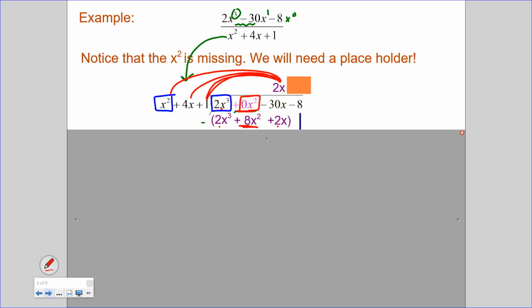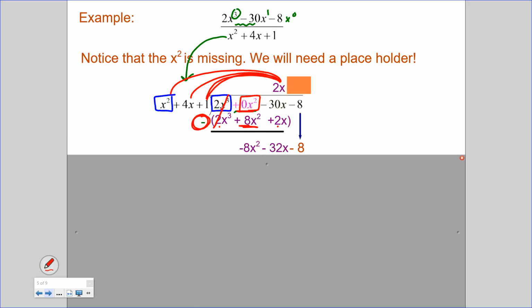So divide, multiply, we now subtract each column. So 2x cubed minus 2x cubed is 0. 0x squared minus 8x squared will be negative 8x squared, and negative 30x minus 2x will be negative 32x. So I got my negative 8x squared, and I got my negative 32x.